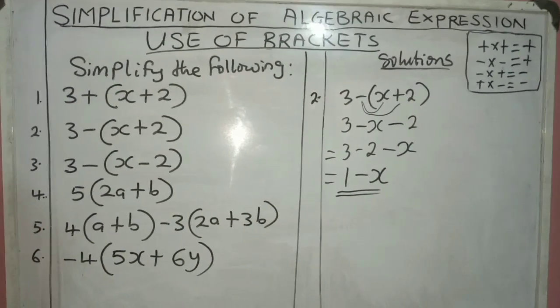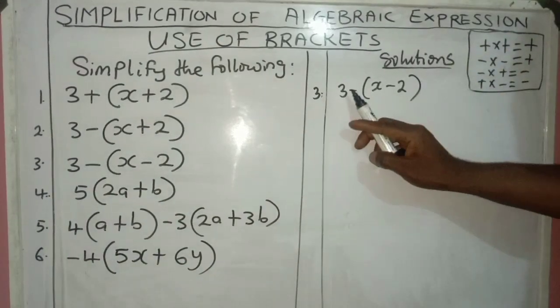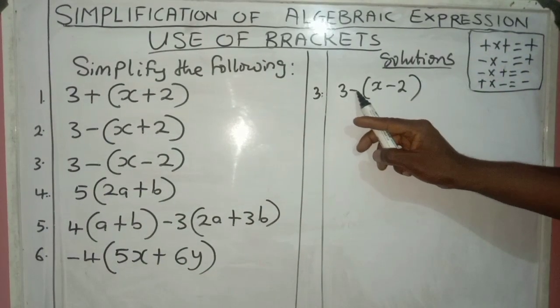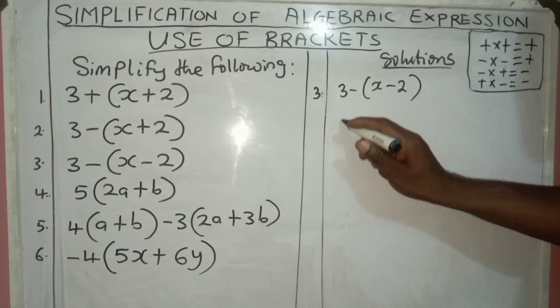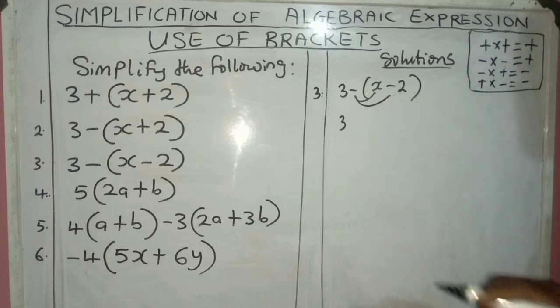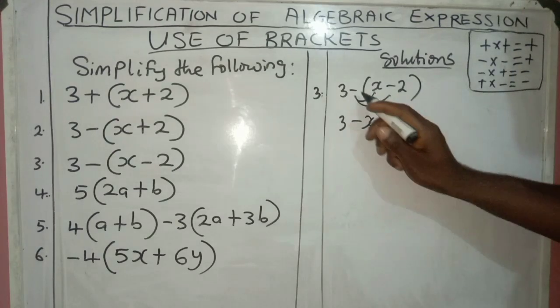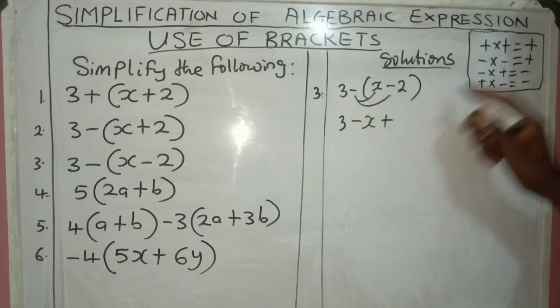Let's move to number 3. For number 3, the key to unlocking this bracket is minus, because minus is what is attached to the bracket. So we now have it as 3. Minus will multiply x, and minus will multiply minus 2 afterwards. Minus times x will give us minus x. Then minus times minus is plus, as you can see from here.